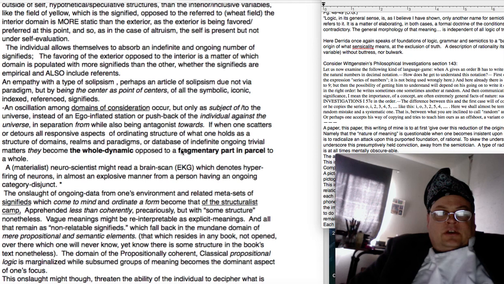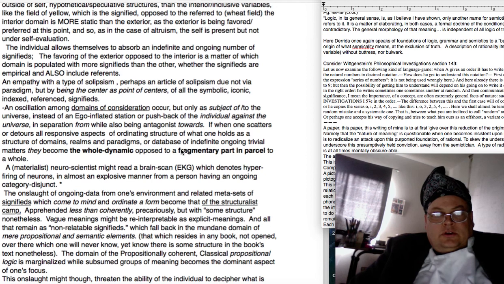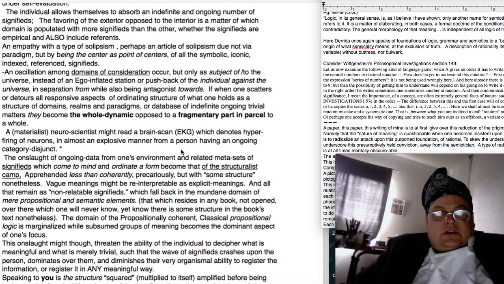An empathy with a type of solipsism, perhaps an article of solipsism, not via paradigm, but by being the center as point of centers of all the symbolic, iconic, indexed, referenced signifieds.